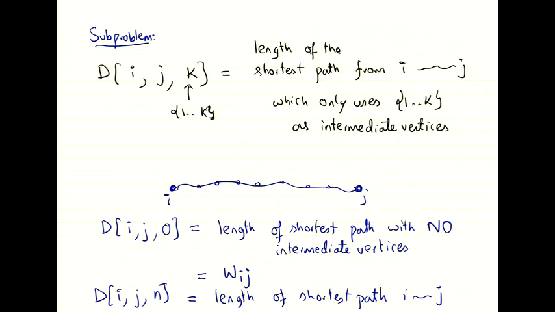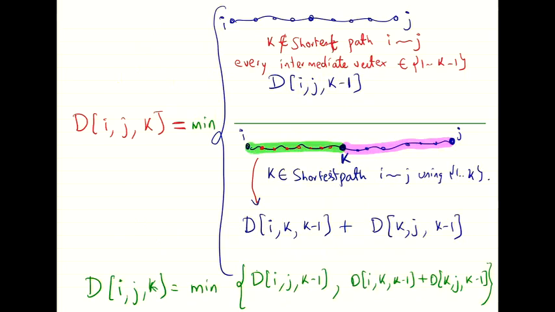Then you say vertices 1 and 2 can now be intermediates. Paths can go through 1 and 2, and so on. So at any point you've allowed vertices from 1 through k as intermediates, meaning paths can go through them. They don't have to go through all of them, but they can use some subset of them. And then you compute that. And then you get this recurrence relation.